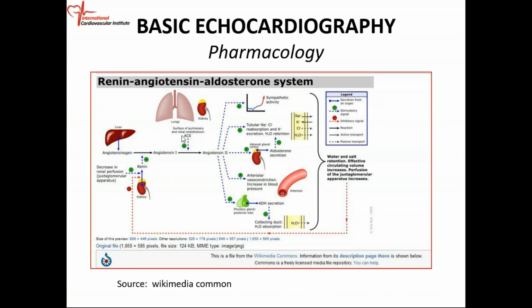So we have medicines we call ACE inhibitors, angiotensin converting enzyme inhibitors. It inhibits this enzyme and as a result reduces the production of angiotensin 2. So you're going to get less vascular constriction, so it's going to reduce the blood pressure somewhat. Okay, so that makes sense somewhat.